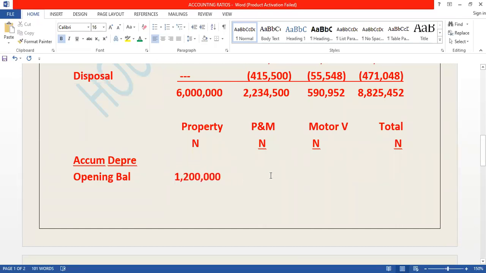What about the P and M? What is the opening accumulated depreciation? 687,000. How about the motor vehicle? 210,000.